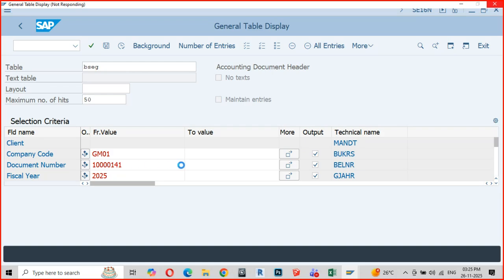Let it throw an error, then I'll correct the document number. Just hold on, students. Let it open.